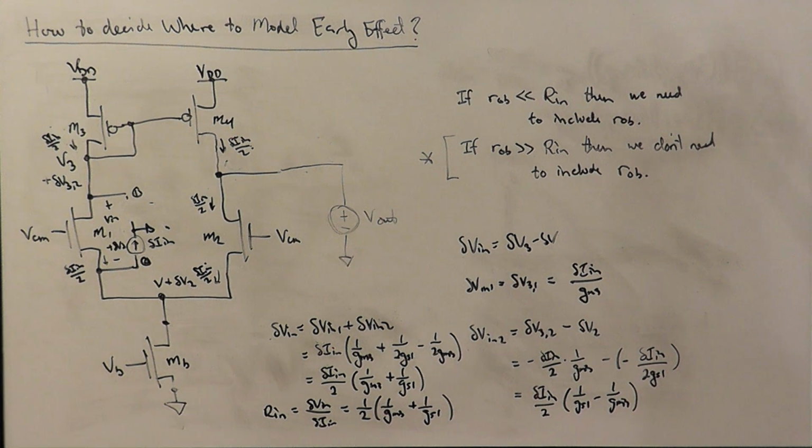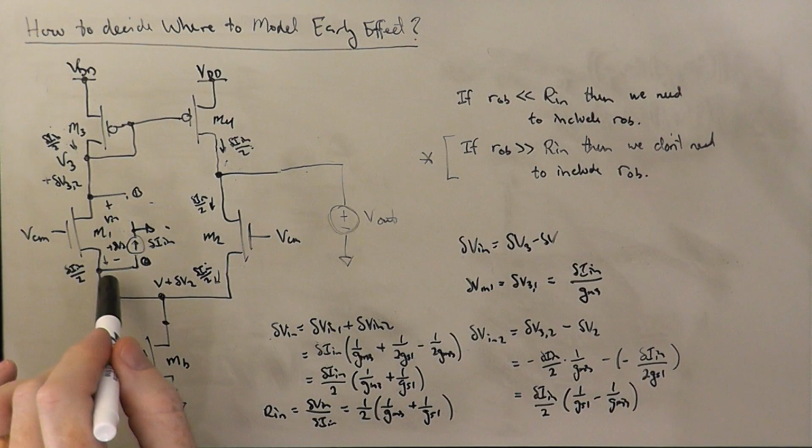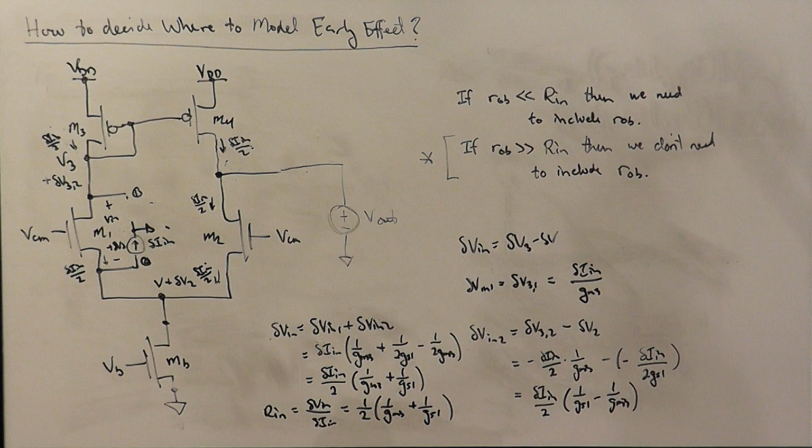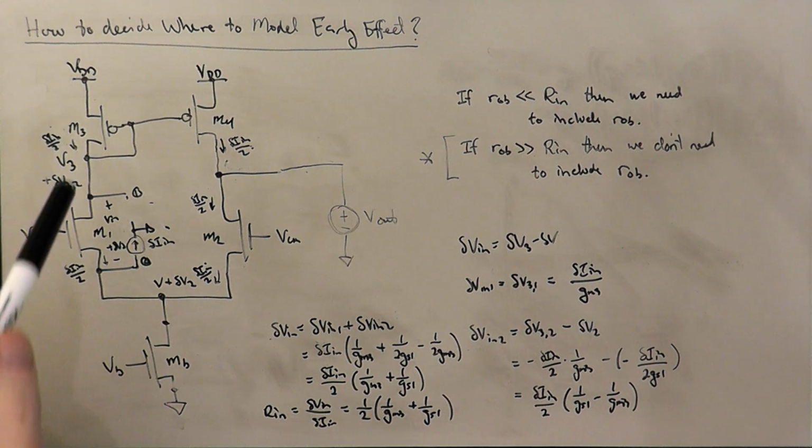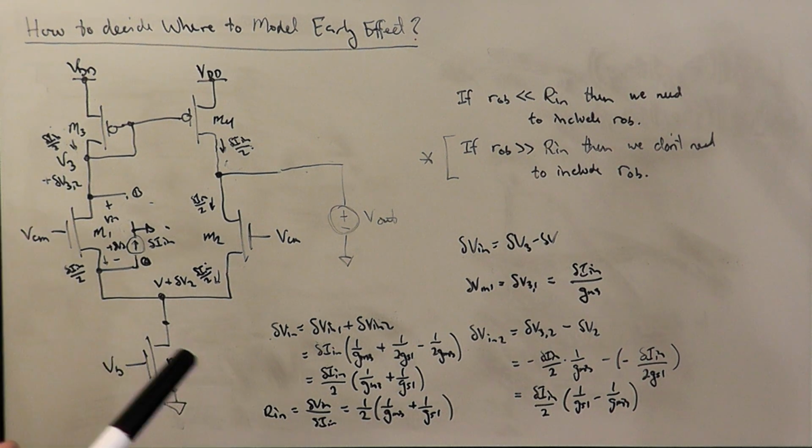And basically what it amounts to is kind of going around the circuit and saying, if I inject a current onto each node in the circuit above and below, is the voltage going to move by something on the order of the delta I that I'm injecting times RO that I'm considering? And if it's going to be much less than that, like it's being set by the transconductance of a transistor, or the GS of a transistor that is carrying the same current, then probably the RO is going to be insignificant.